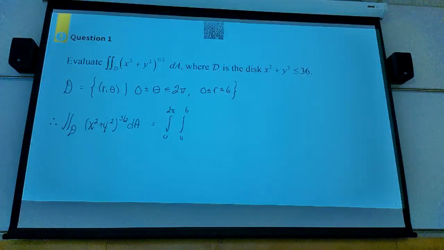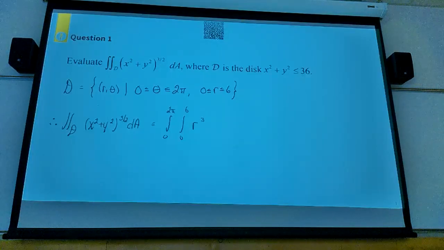So what is that in polar? Don't simplify, I just want to integrate for right now, r squared to the 3 halves, which is what? r cubed.